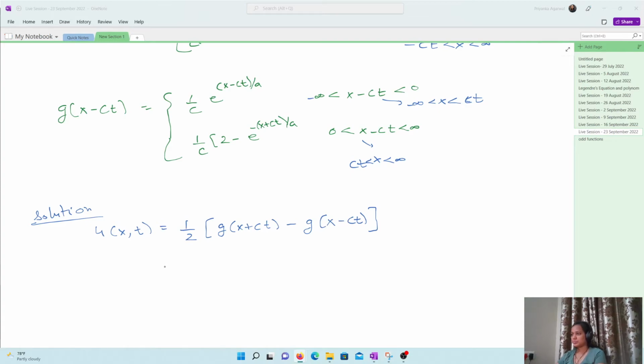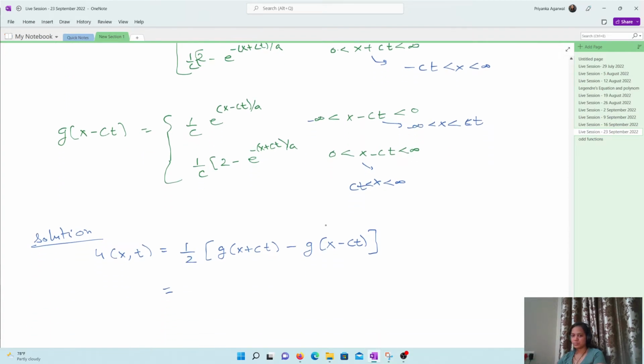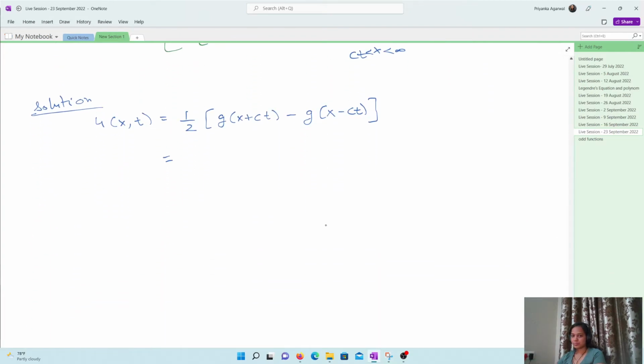So now we will have not only these two but 3 cases, because now there is a break between 0 and ct. So we will have to write this for 3 cases. Okay.